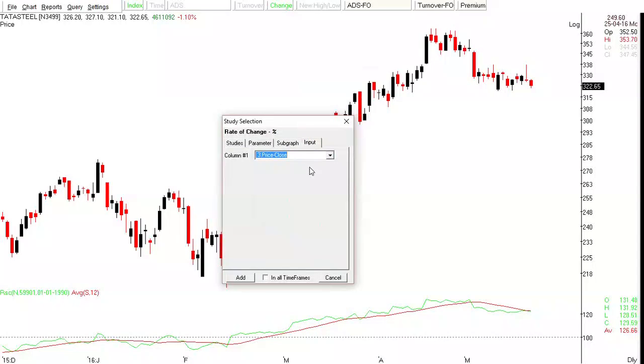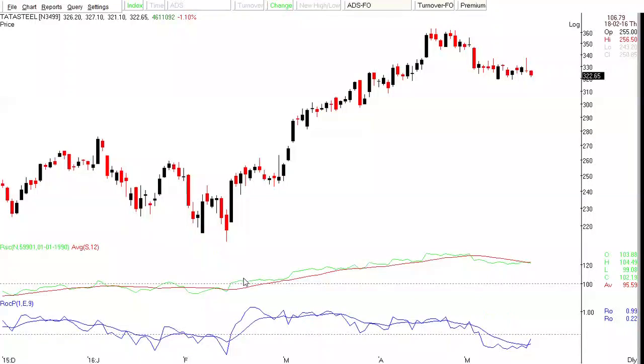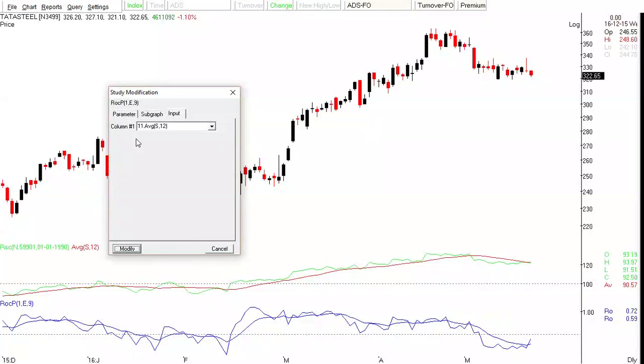Subgraph a little lower, and input. In this case, am I going to plot on the close? Do I want to know the rate of change of closing prices? Not really. We are interested in knowing the rate of change of the average, the red line. This is the simple average 12 period. So I add it, and it gives me 2 lines.